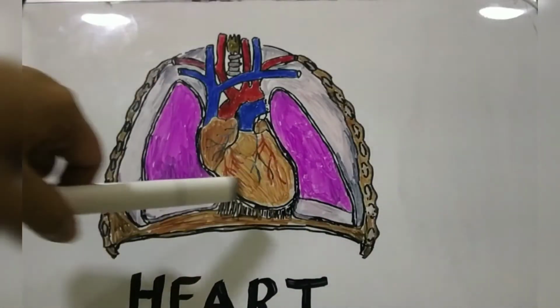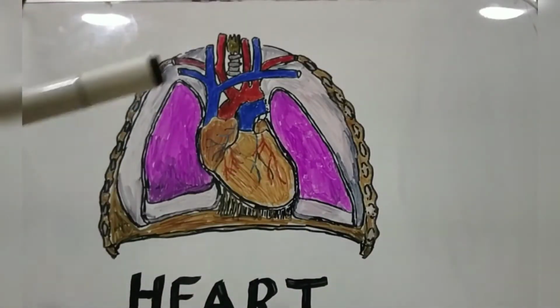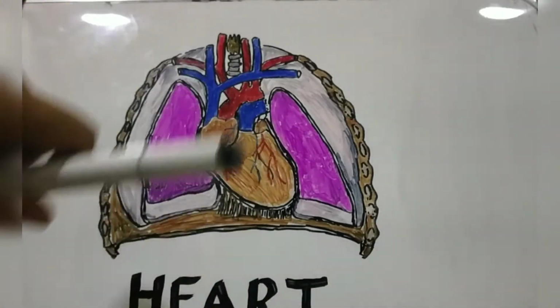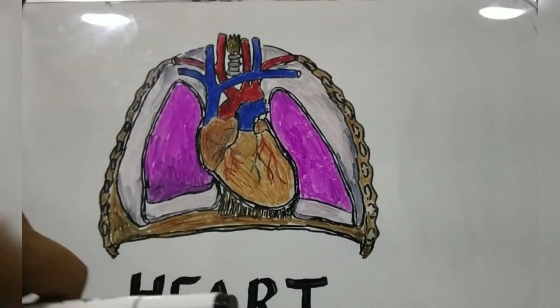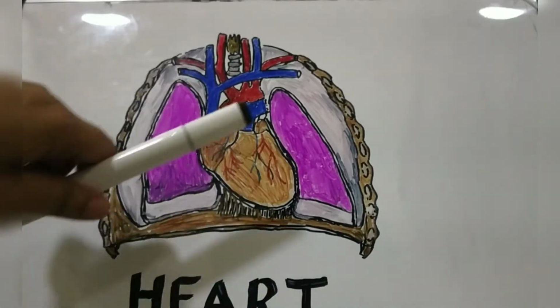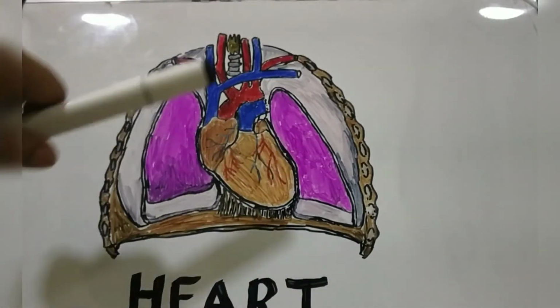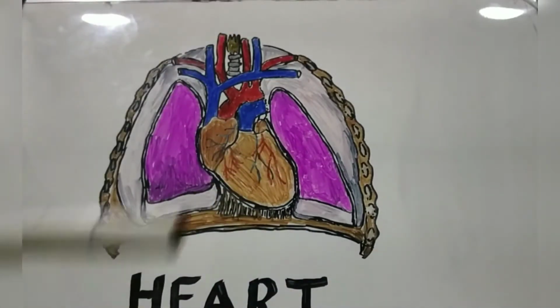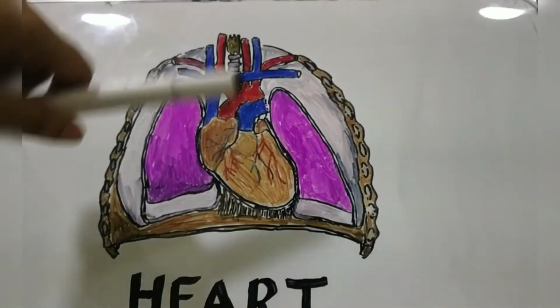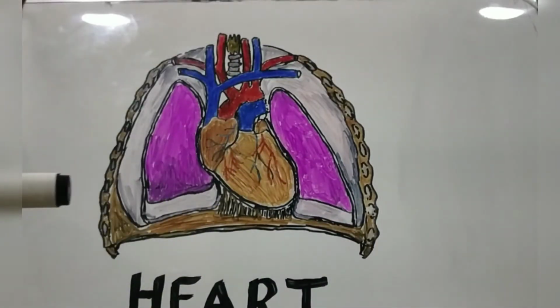So heart is a conical shaped organ and it pumps 70 ml of blood during each contraction. And there are about 1,08,000 contractions in a day. So this muscle is very efficient in contraction.